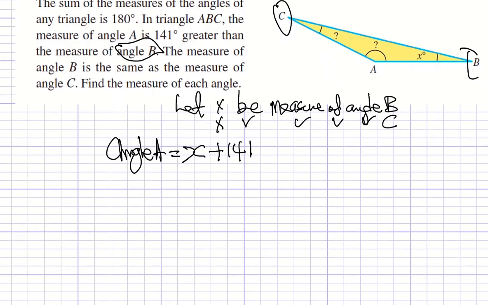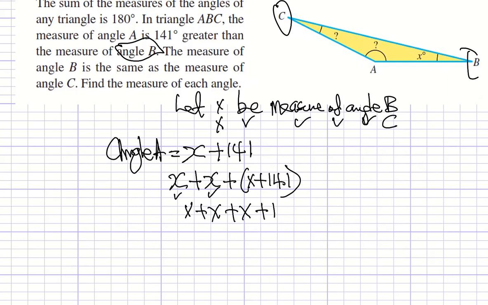Then you add up the angles, giving you X plus X, the measure of angle B and angle C, plus the measure of angle A, which is X plus 141. You remove the bracket, you have X plus X plus X plus 141.